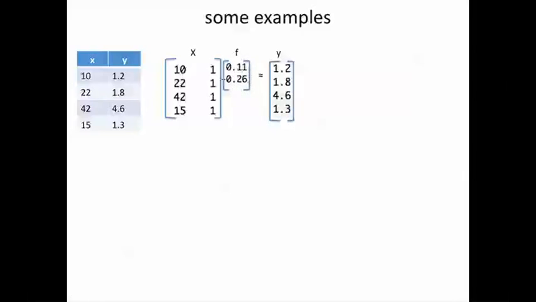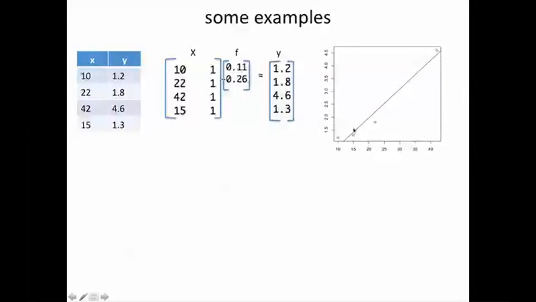And when you plot f transpose x, which is simply the line 0.11x minus 0.26 on a graph, and you have the x, y coordinates being plotted as well, x comma y, you see that the line actually almost fits the data. This is all that there is in linear regression.